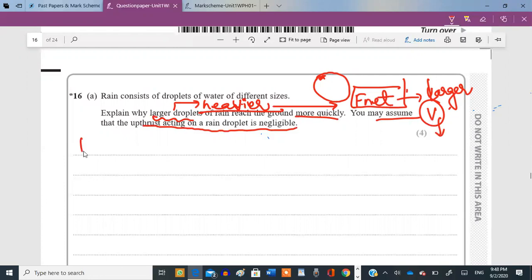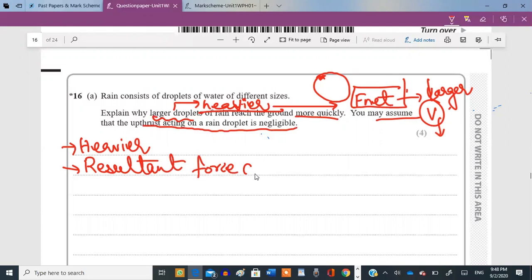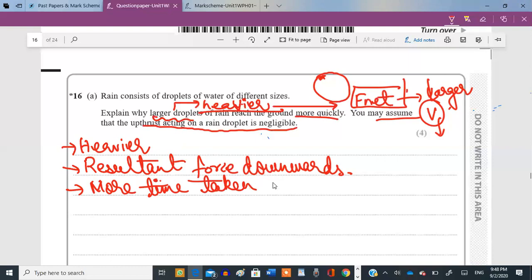Okay, so larger droplets are heavier. If they're heavier, they would have a resultant force downwards. It would take more time to balance the weight by the air resistance.